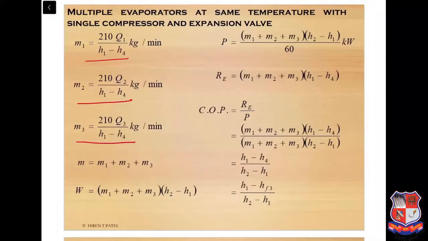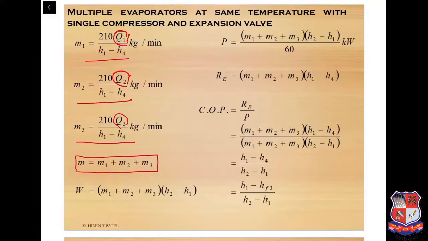Q1, Q2 and Q3 are the different loads at different evaporators. So the total mass of refrigerant required is m equal to m1 plus m2 plus m3.